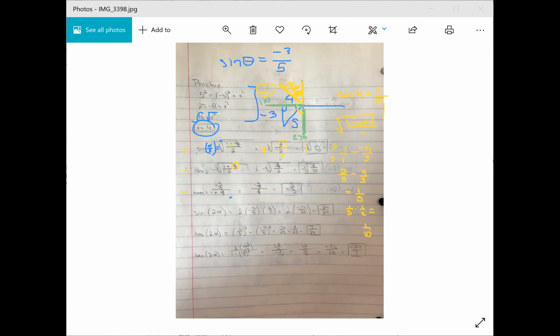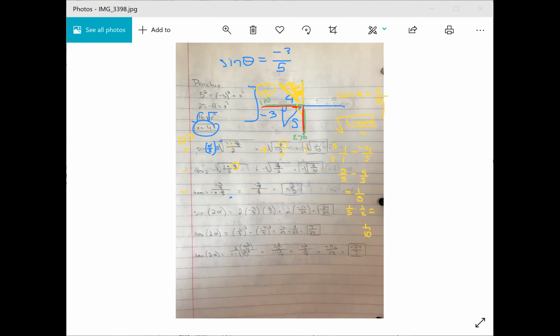How do we know that our angle falls into the second quadrant? From the given, we know that our angle is in quadrant 3. That means it is in this region here.